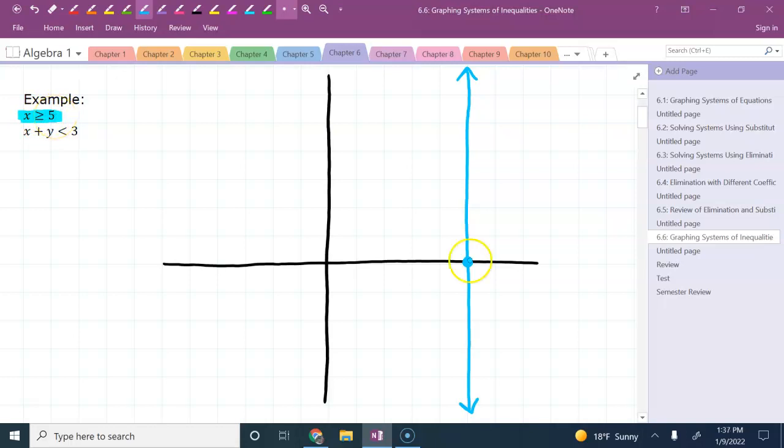So think about 5 on the x-axis there, and think about that x-axis like a number line. What side would be bigger than 5? The left or the right? Well, anything to the right is going to be numbers that are bigger than 5, because that would be like 6 and 7 and 8 and 9 and so on. So for that first line, we're going to shade over here.